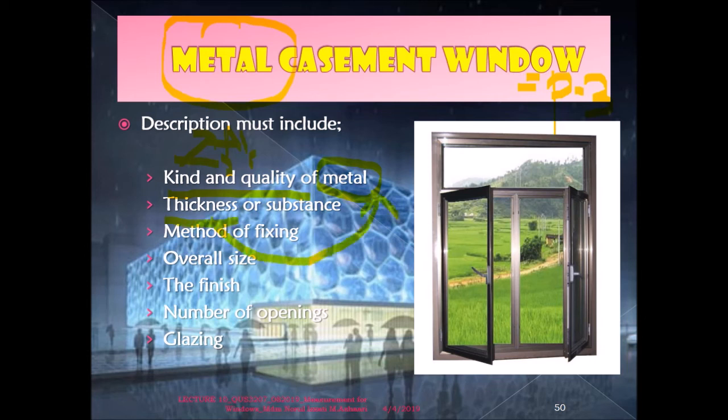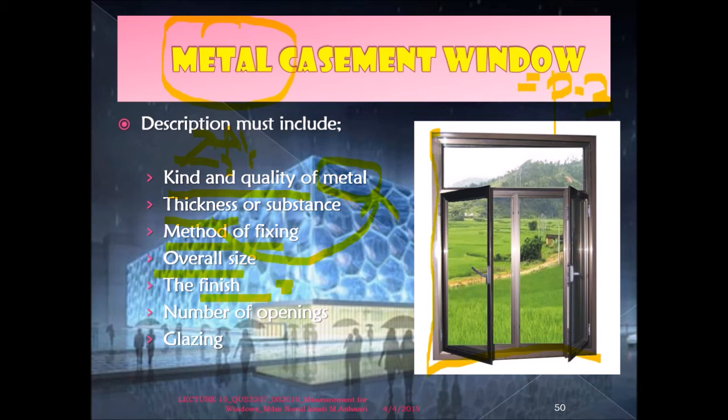So you have to write down the thickness of the substance, method of fixing, how you want to house this inside the opening of the brick wall, what is the overall size, and what is the finish, whether it needs to be painted or whether the finish is anodized. So the finish needs to be stated as well.